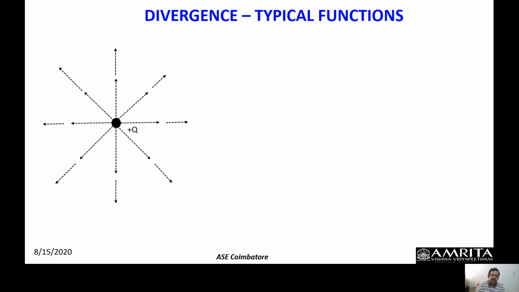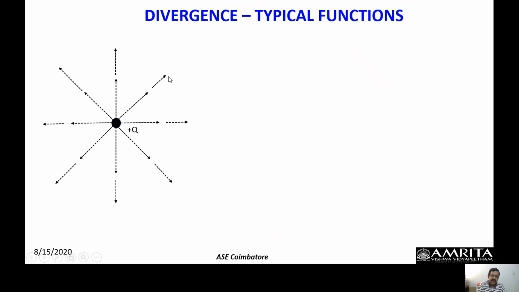Now, typical functions that mathematically we will see, some of the examples to understand this divergence. As I just told you, this is my positive charge from where the field lines radially spread out. As you can see, the further I go from the charge, I have only represented a few vectorial lines.